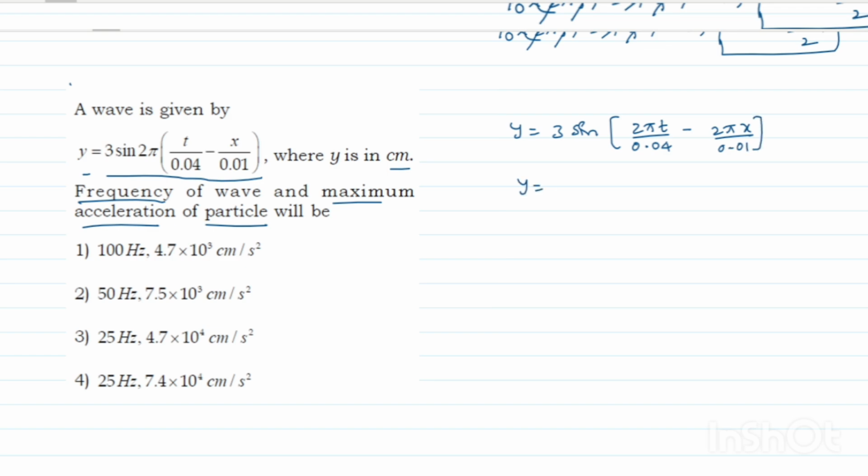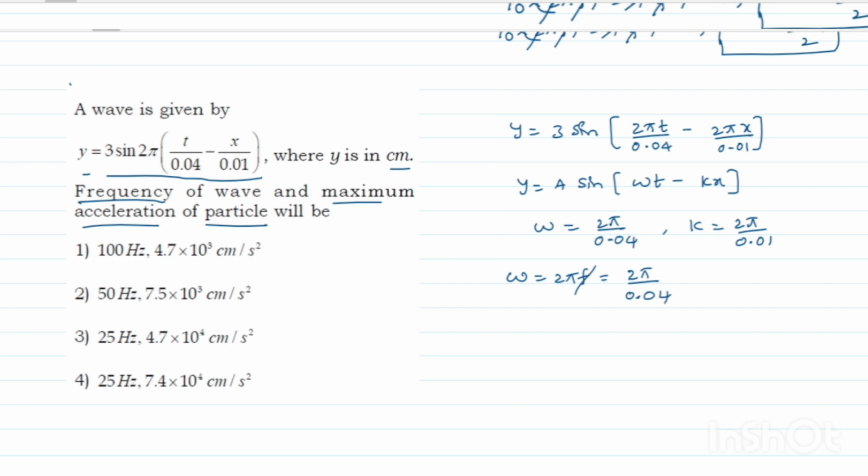So it's in the form of y equals a sine omega t minus kx. So here instead of omega, it's given as 2 pi by 0.04, and instead of k you can take 2 pi by 0.01. They're asking for the frequency. Omega equals, you know the formula, 2 pi f, but instead of omega here, you know already 2 pi by 0.04.